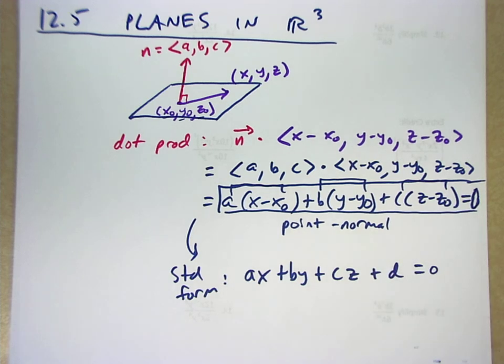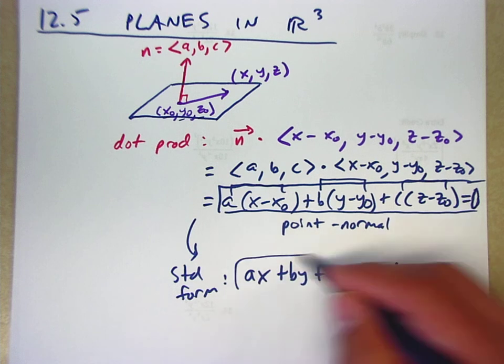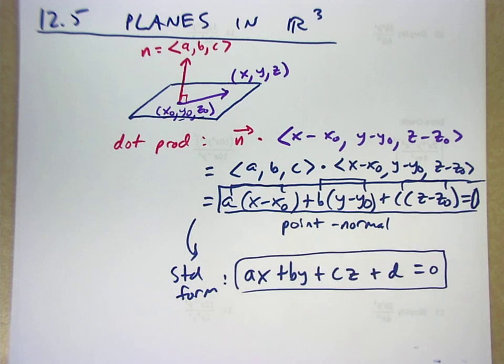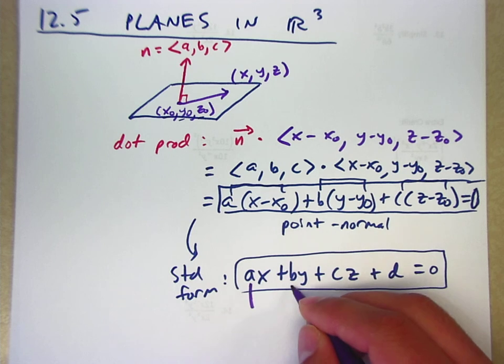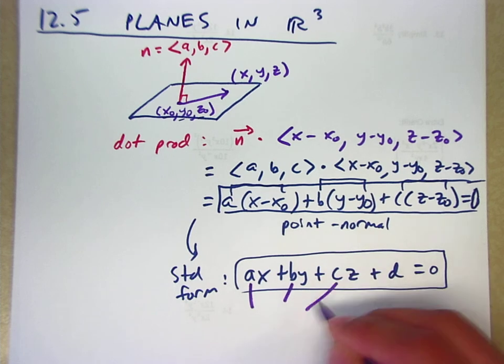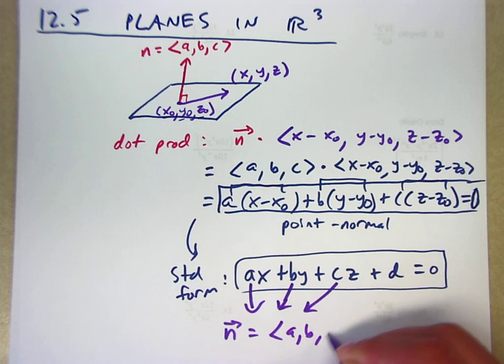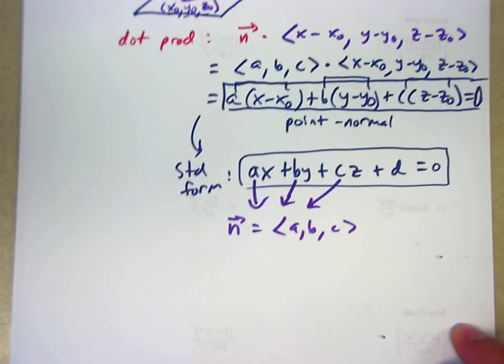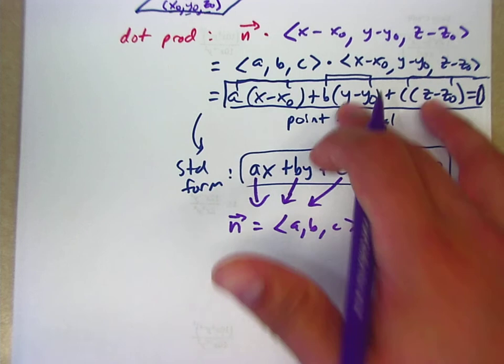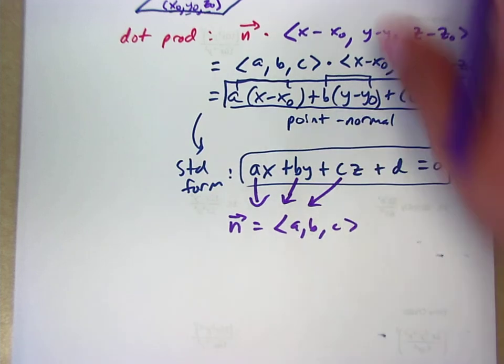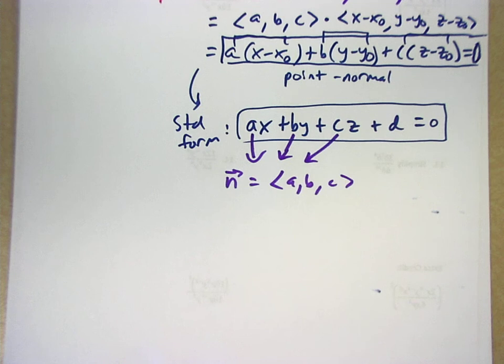But the most important part is that whether the plane equation is in point normal form or in standard form, the coefficients of x, y, and z give you the components of the normal vector.